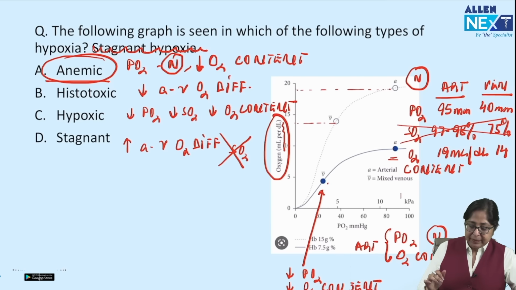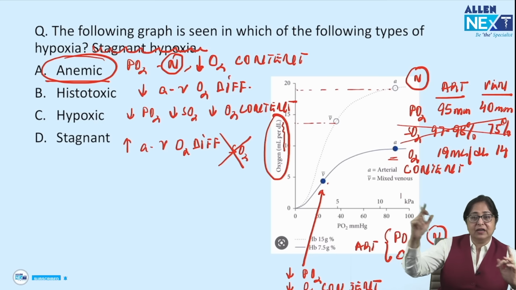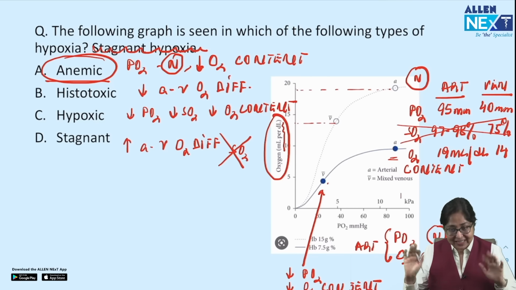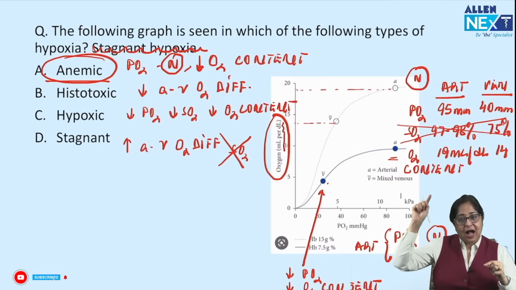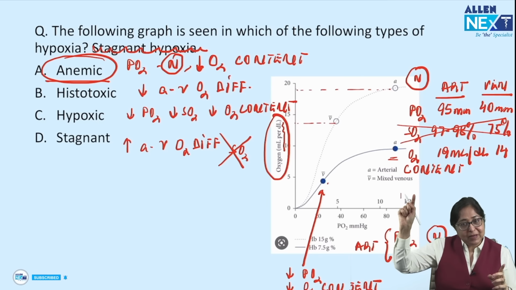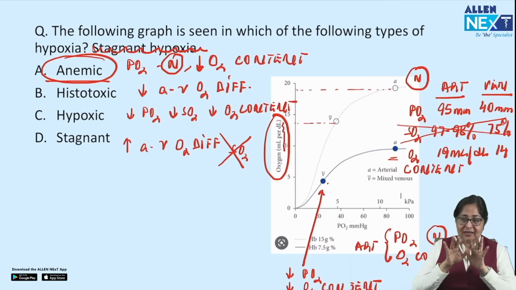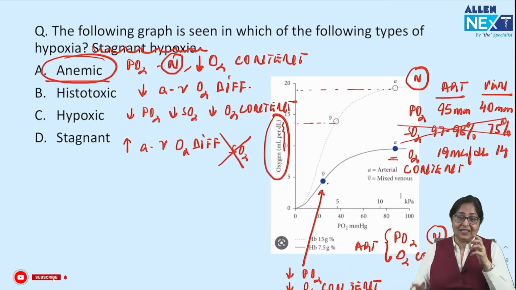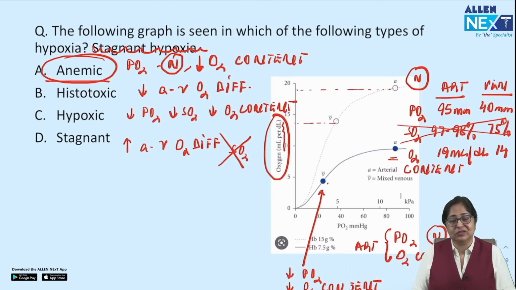In histotoxic hypoxia, arterial oxygen content will be normal, but the arteriovenous oxygen difference will decrease. Stagnant hypoxia, arterial PO2 and oxygen content will be normal, but the difference will increase. Histotoxic, decrease. Stagnant, it will increase. In hypoxic hypoxia, arterial PO2, saturation, oxygen content, all will reduce.